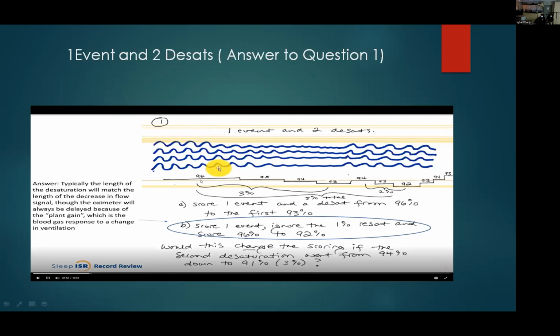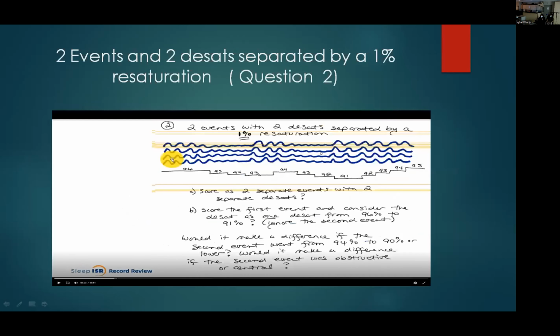So if we see that from 96 to 93, we can score this as only one event. And here, 2 events and 2 desaturations separated by 1% resaturation. So here you see 96 to 93 and then resaturated to 94.